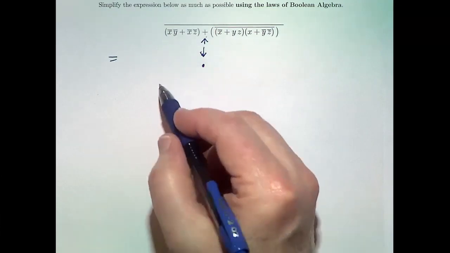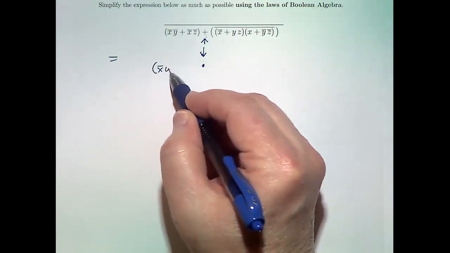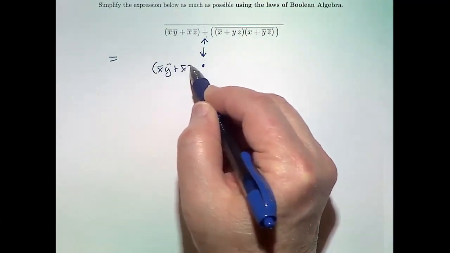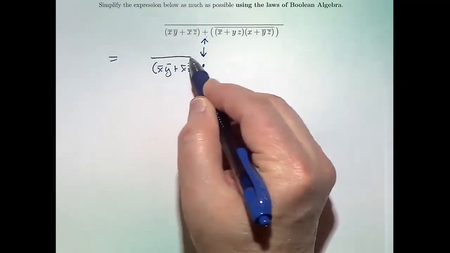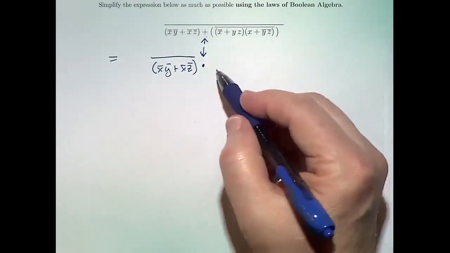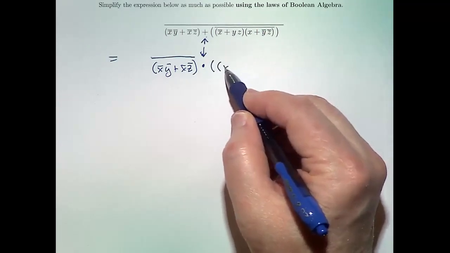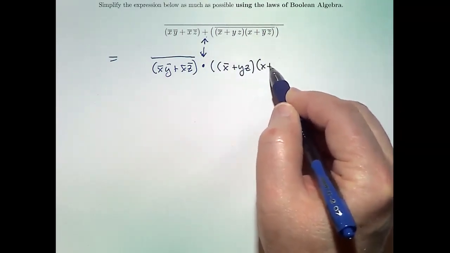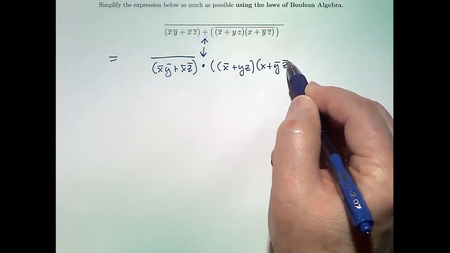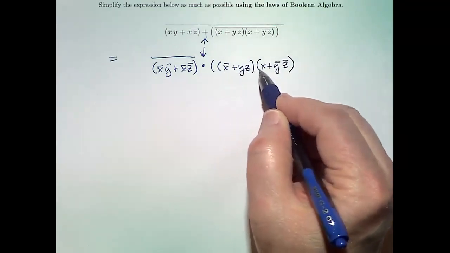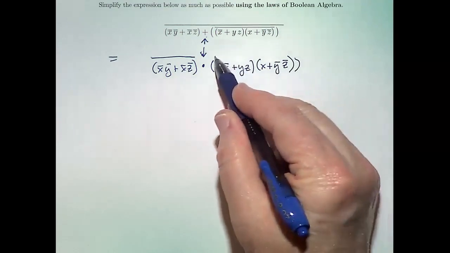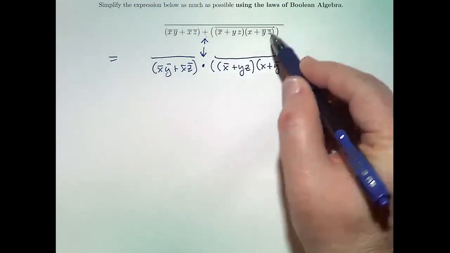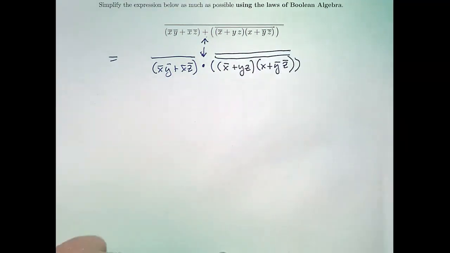Okay, and then over here, we have the same thing, but with one complement. And over here, I'll copy this down again. Make sure you don't lose a complement when you do this. Then I have the original complement, this one, and now I have an extra one.